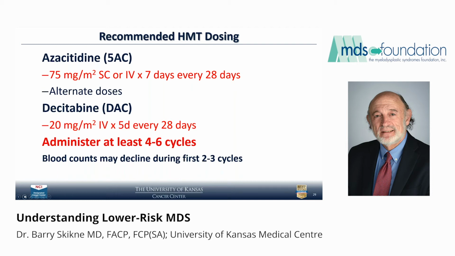So you think, well, the disease is progressing and this is not helping. No, it's usually that these agents will cause the cytopenias in those first 2 to 3 cycles. And usually after the first 2 cycles, or maybe 3, you may start seeing responsiveness. So important again, try and obtain 6 cycles of therapy.